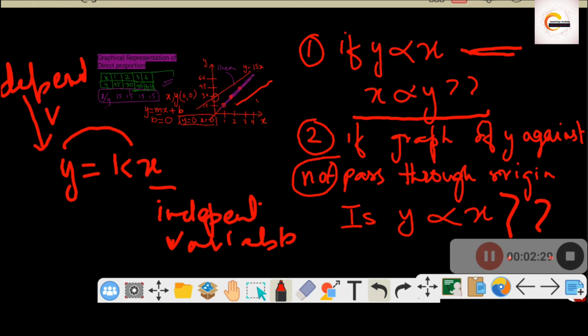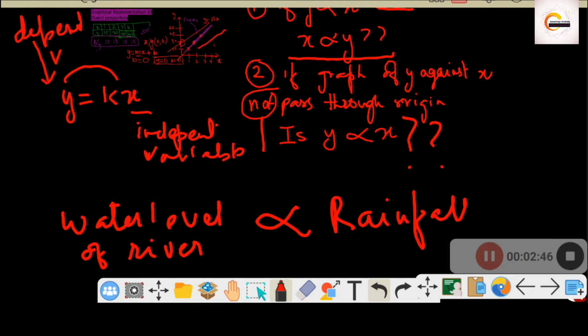Let's consider this dependent and independent variable. Water level of a river is directly proportional to rainfall. Here, rainfall is the independent variable x and the water level is the dependent variable y.